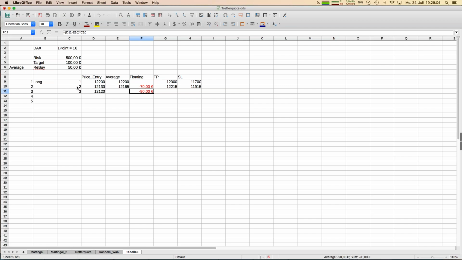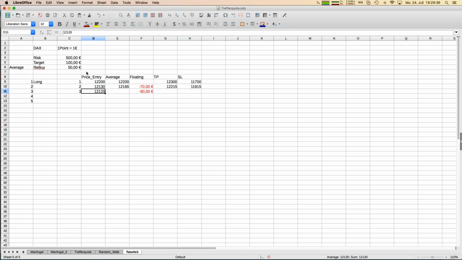We now have minus 90 in total, but per lot it's 45. And simply setting those kinds of rules, in this case I would not rebuy anything. I would stay with that position, since we would still have the same number of lots. Take profit and stop loss would not be changed.